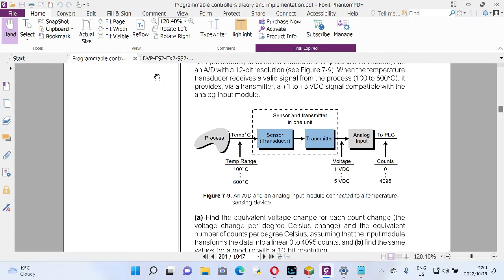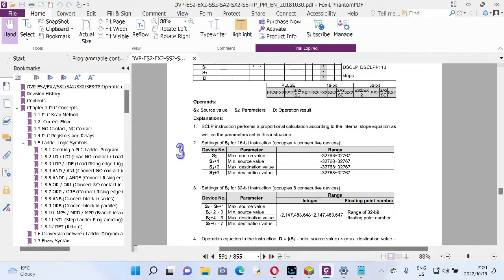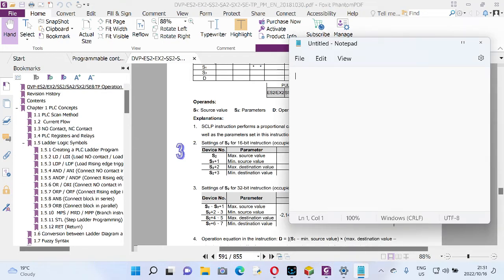So I'm going to go back here. So I'll say source value S1. S1 is our source value.